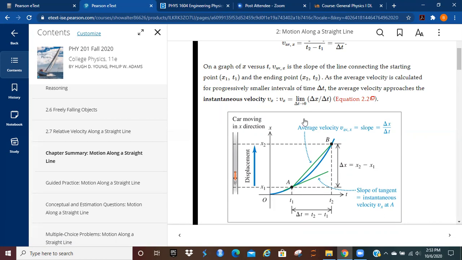This quantity is going to represent the velocity at any particular time, and it's going to represent the tangent line as the blue line goes from here to here.